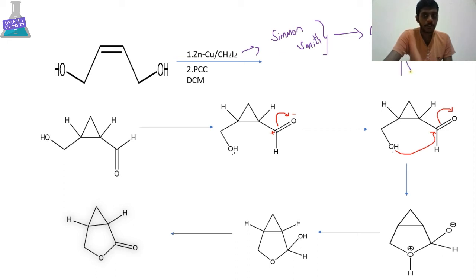The cyclopropane will be formed in presence of the alkene if we add zinc copper in presence of methyl iodide, and thus the cyclopropane is formed over here.